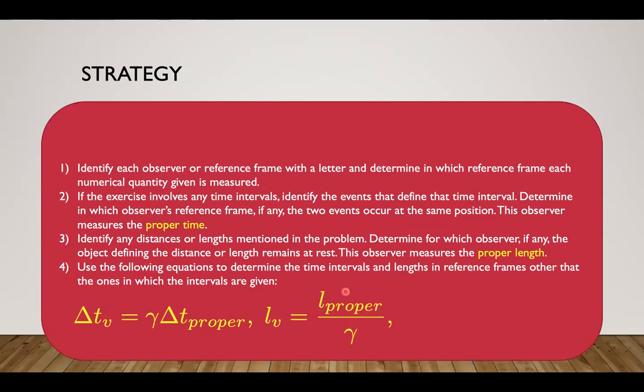So instead of seeing 1 foot, maybe it's just 10 inches if they're traveling fast enough. And then you use that equation for gamma.